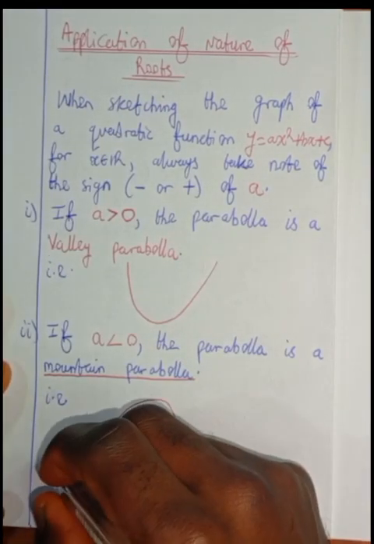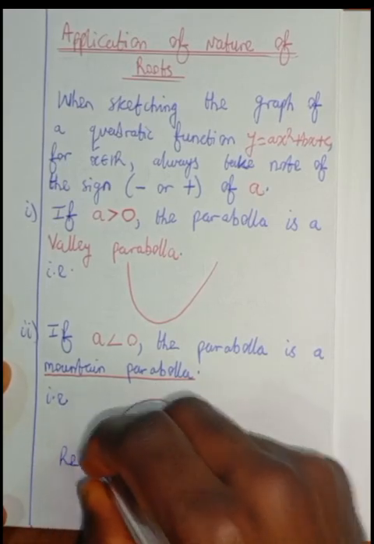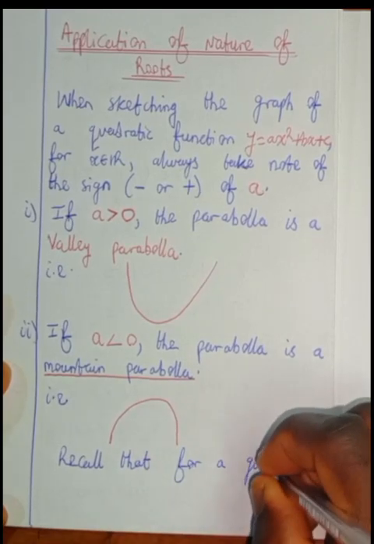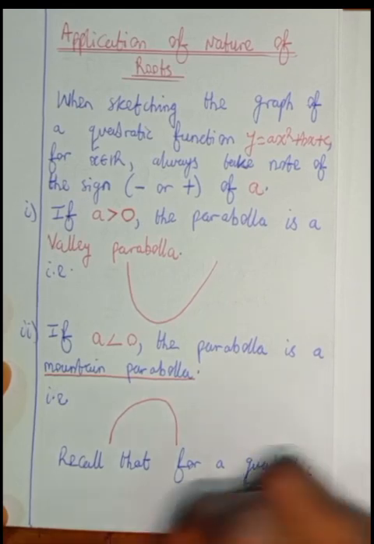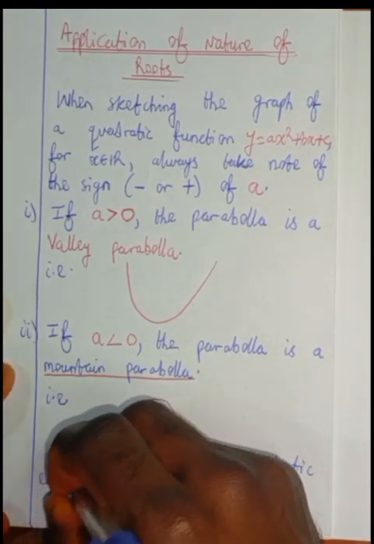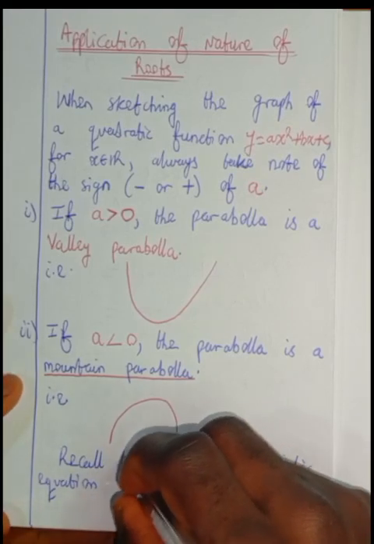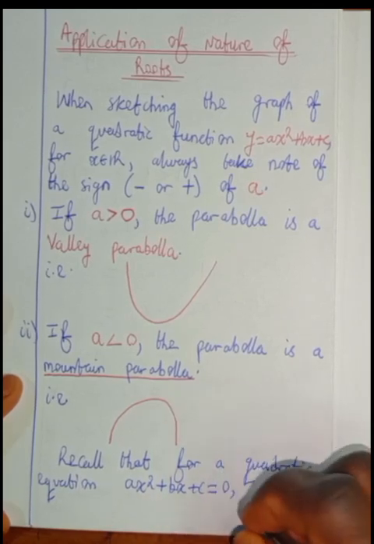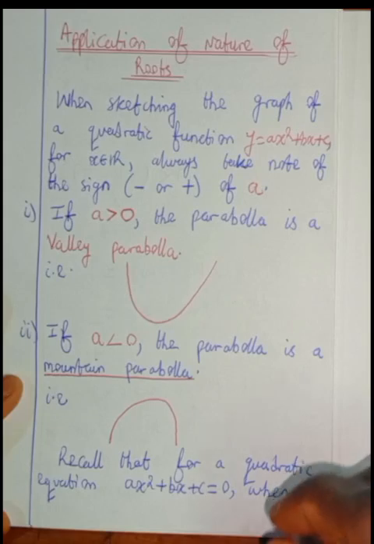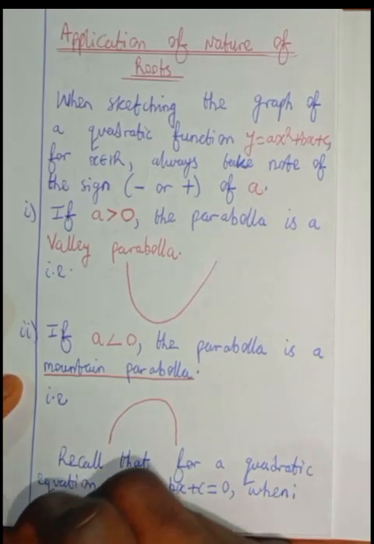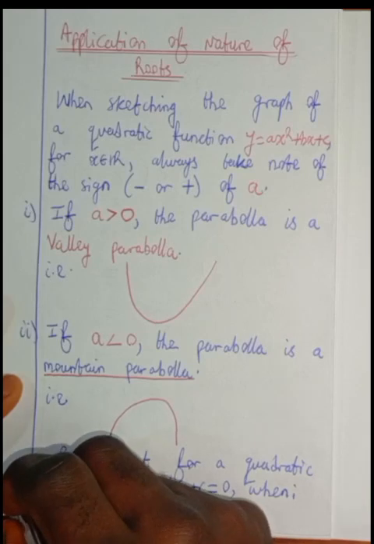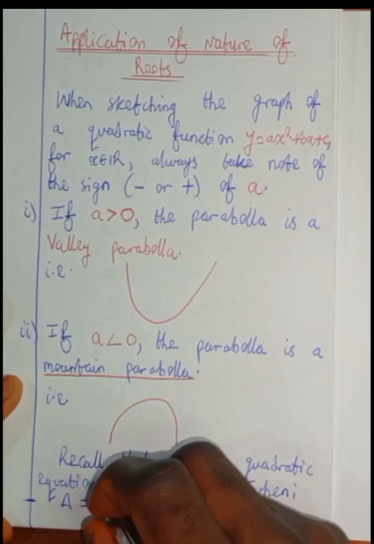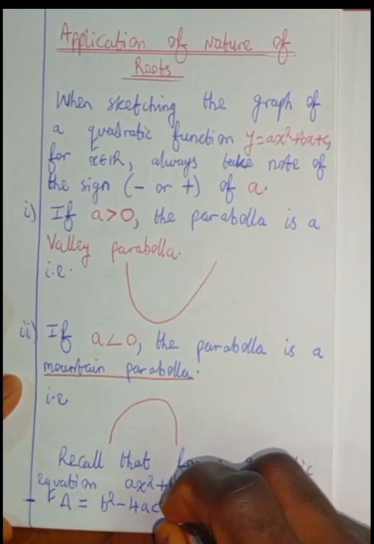We take this down. Recall that for a quadratic equation, ax squared plus bx plus c equal to 0, when you go by the margin, take the first hyphen: the discriminant b squared minus 4ac is less than 0.